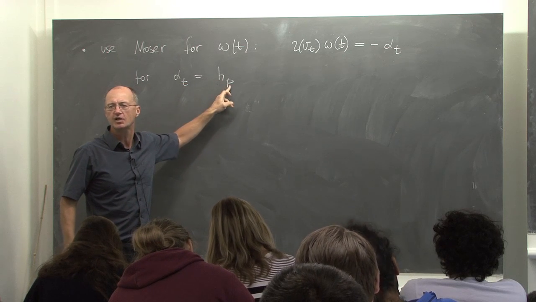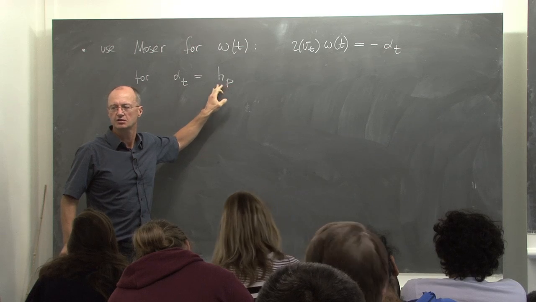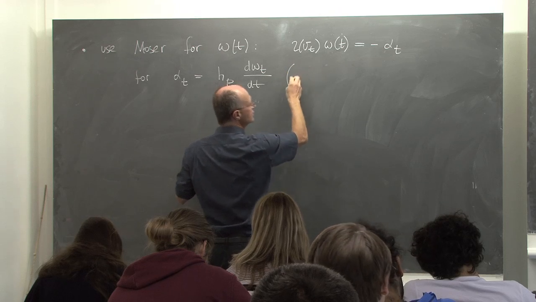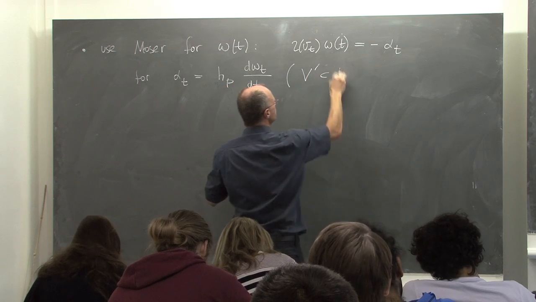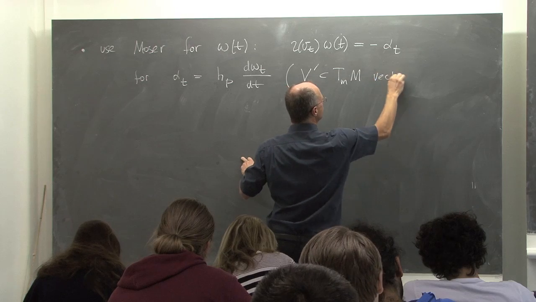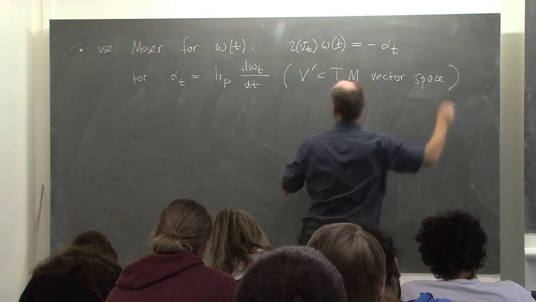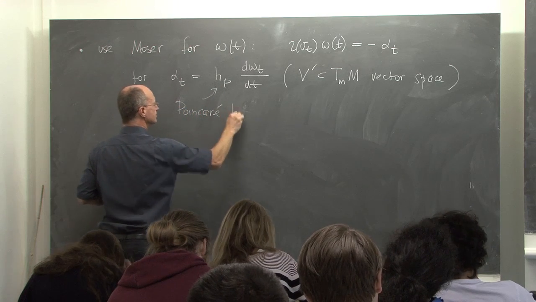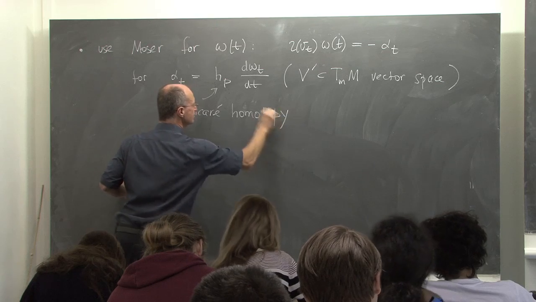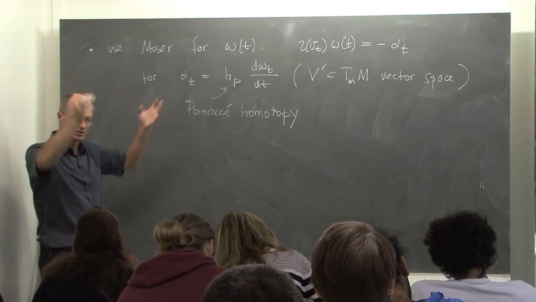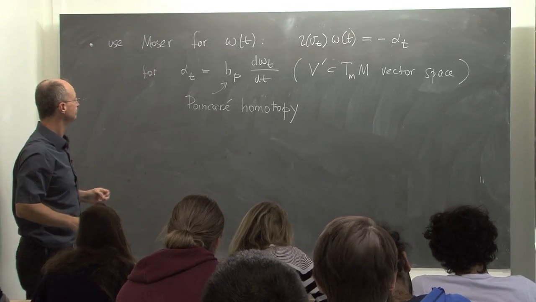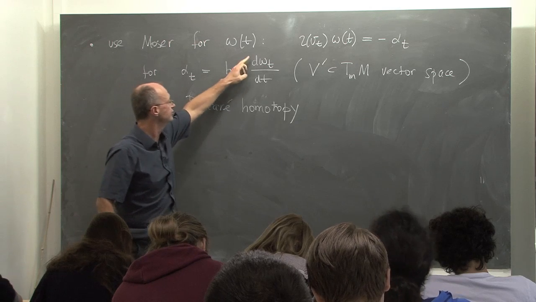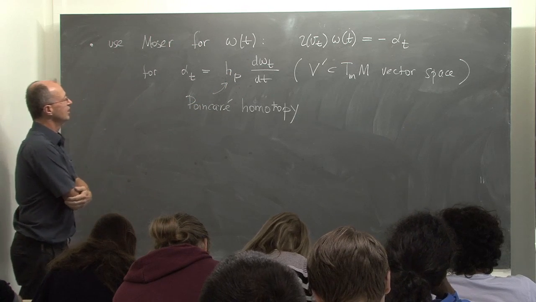I think you discussed it in the introductory lectures. V prime is sitting in T_m M, which is a vector space, so the Poincare homotopy is well defined just by scaling all the vectors back to the origin. So we simply define the primitive alpha_t of d omega_t over dt by this formula.